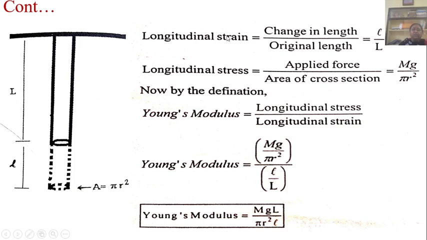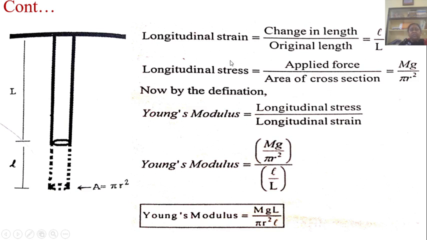Now, longitudinal strain equals change in length upon original length. Change in length here is small l, and original length, as shown in the figure, is capital L. So, l upon L is the longitudinal strain.